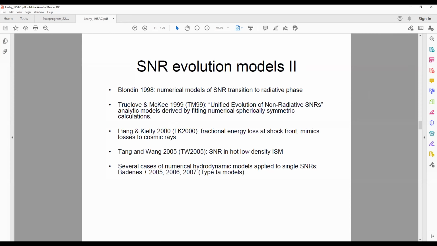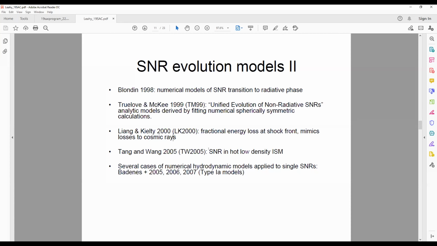And there's some other important generalizations, for example, several models which tried to include losses. The motivation was to see how energy loss to cosmic rays affects the evolution of a supernova remnant.